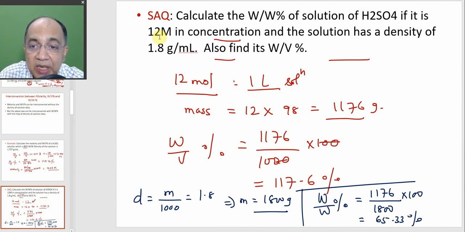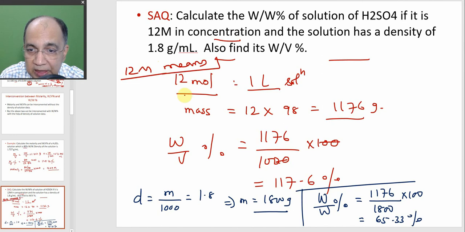12 molar means 12 moles of pure sulfuric acid present in 1 liter solution. So what is the mass of 12 moles? 12 into 98 is 1176 gram. I told you that W by V percent can be easily converted to molarity and vice versa without density data.